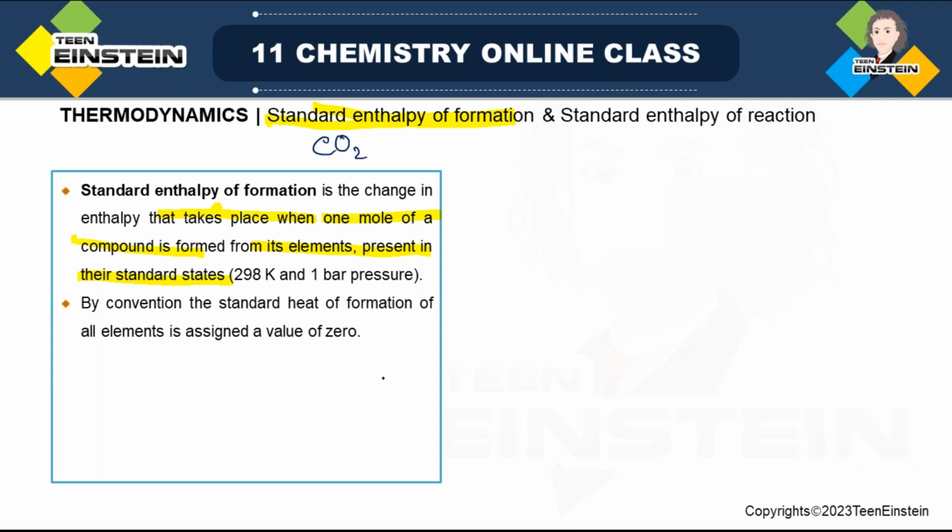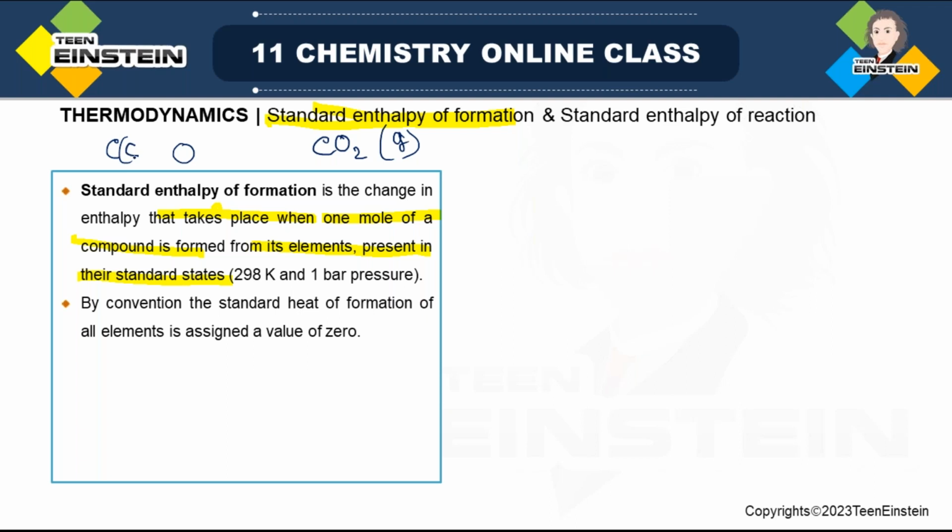Now we know under normal condition it is gas. Its constituents are carbon, the first element, and oxygen, the second element. Now try to understand, the elements from which you are making CO2, what is their standard state? Under normal condition, carbon is solid, it remains in solid form. Under normal condition, oxygen is a diatomic gaseous molecule.